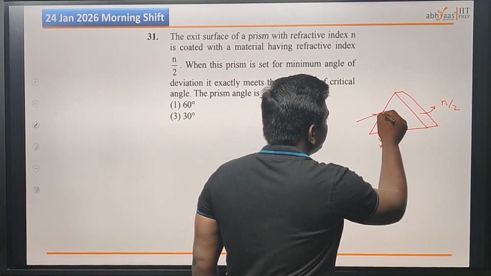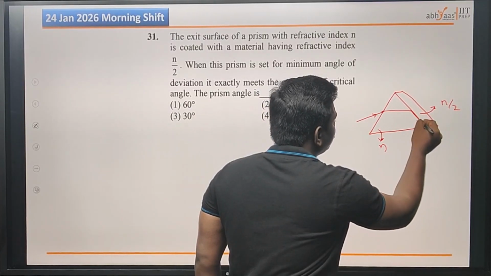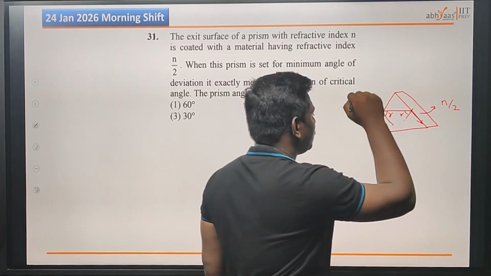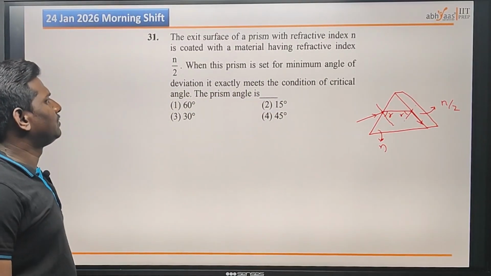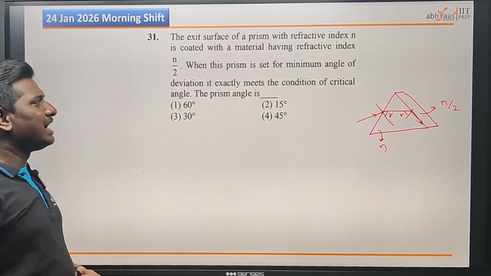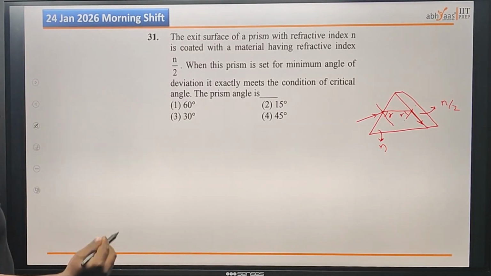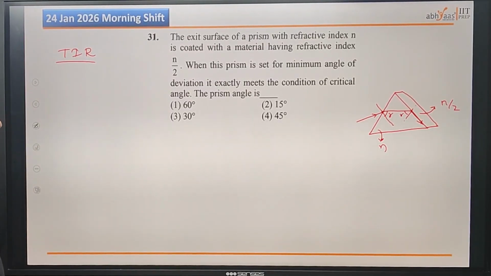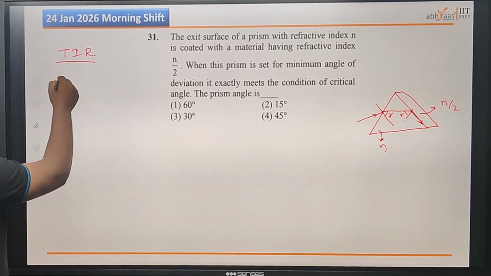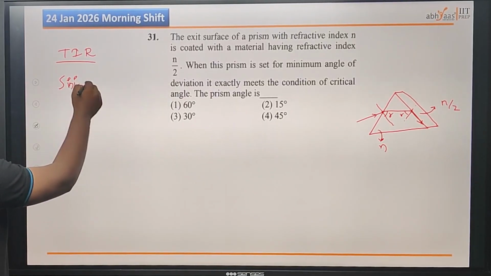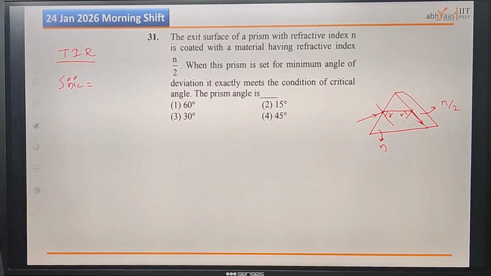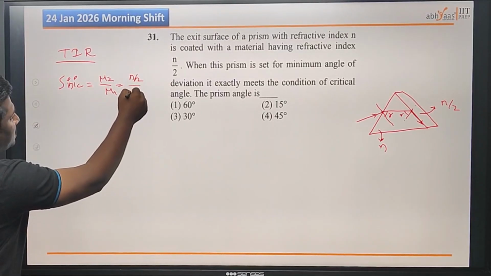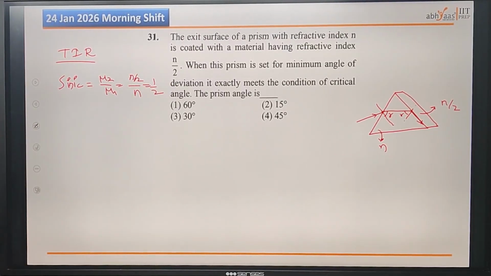We know that one minimum deviation formula. This is our r, this is our r. What they are asking? They are asking for the angle of the prism. Okay, see here. For total internal reflection, what is the condition here? So, sin ic can be written as mu2 by mu1, that is nothing but n by 2 by n, that is half.